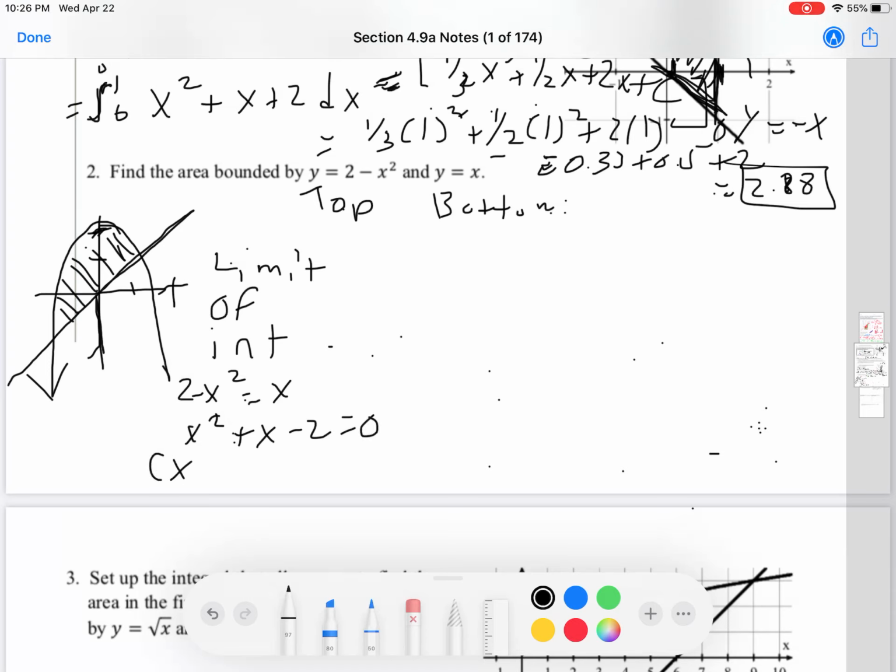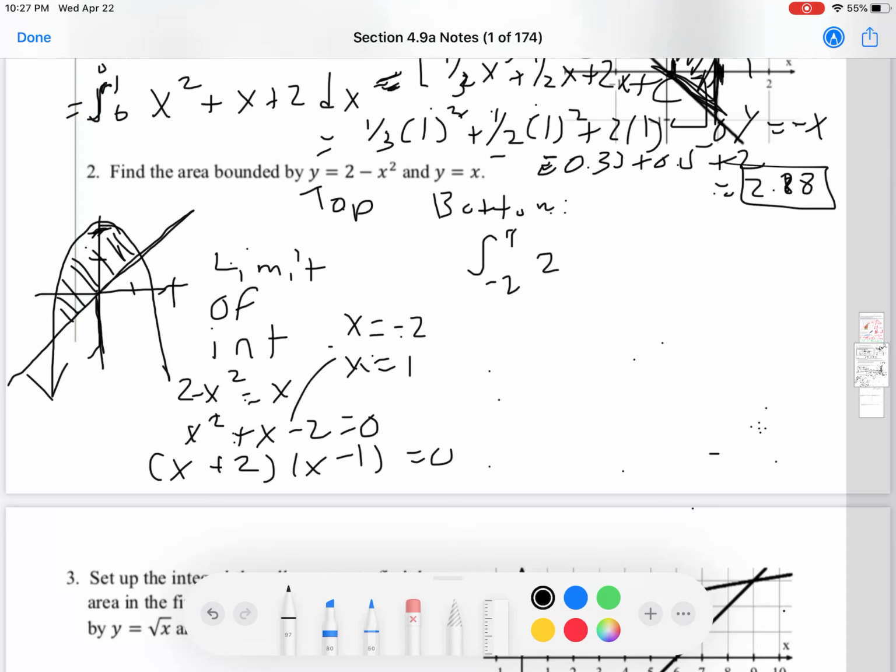And when we factor, we get x plus 2 times x minus 1 equals 0. So that results in x equals negative 2 and x equals 1. So now we have our limits of integration. So we're going to integrate from negative 2 to 1.